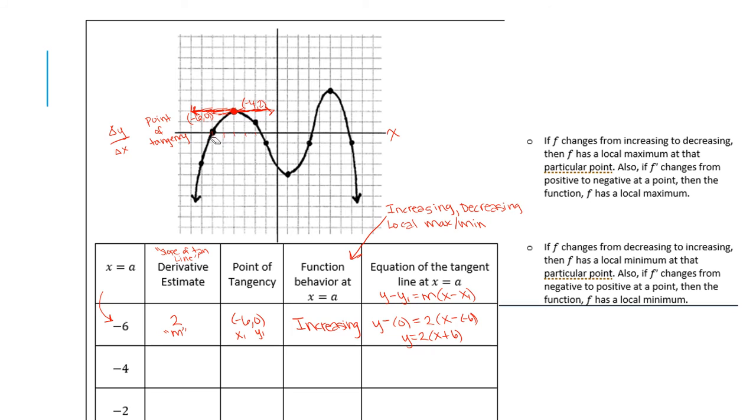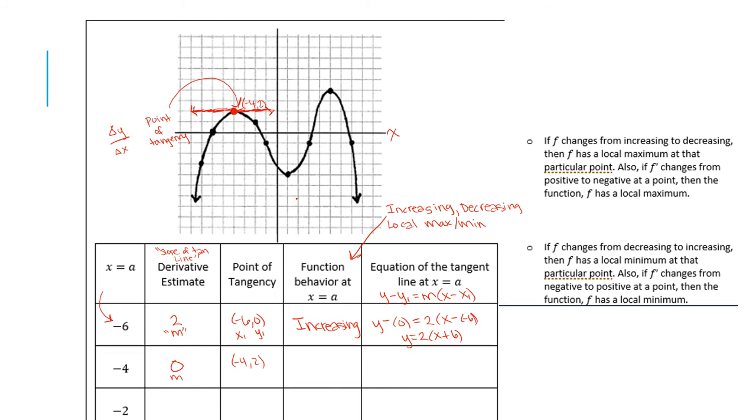No longer looking at that. My new point of tangency is -4, 2. The slope or the steepness of this horizontal line is 0.